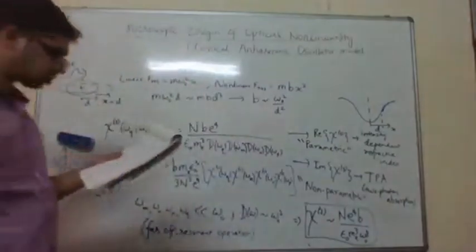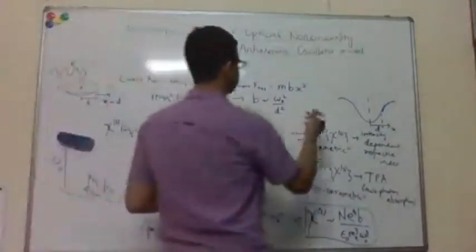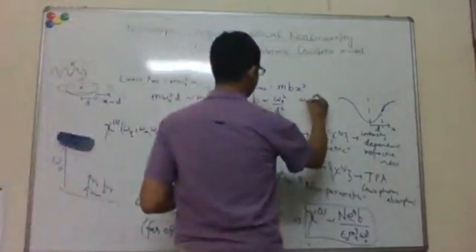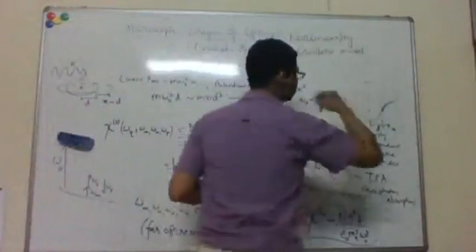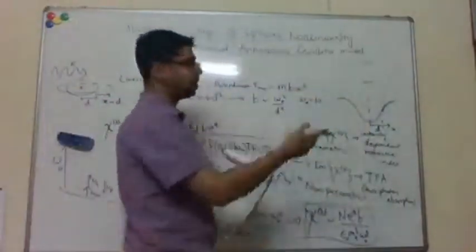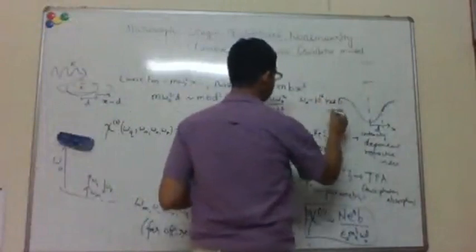So if you take some typical values, omega naught is from the band gap of typical materials, a few eV, so typically omega naught is about 10 to the 16 in that range.